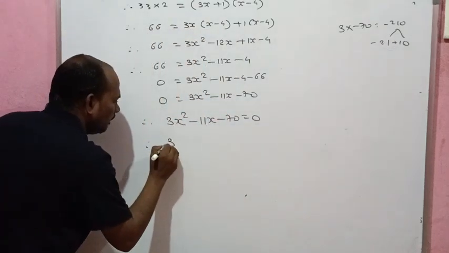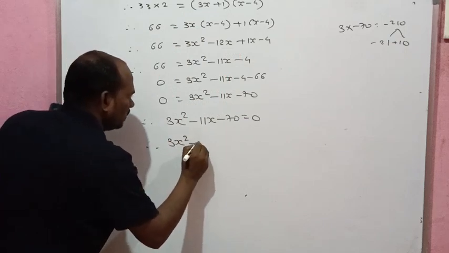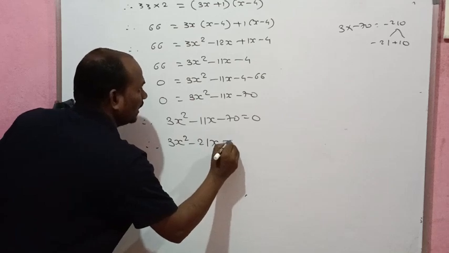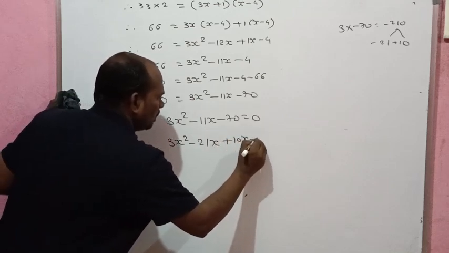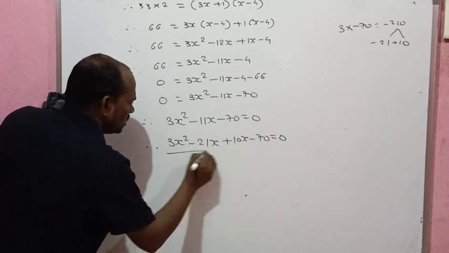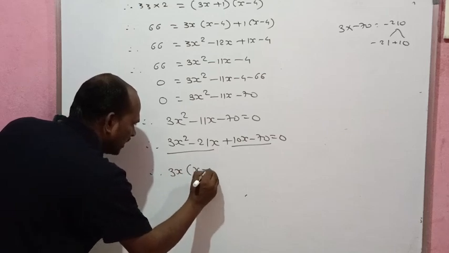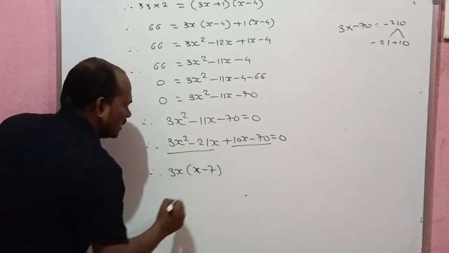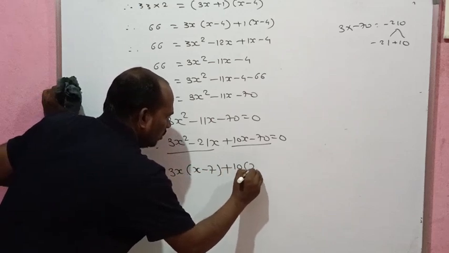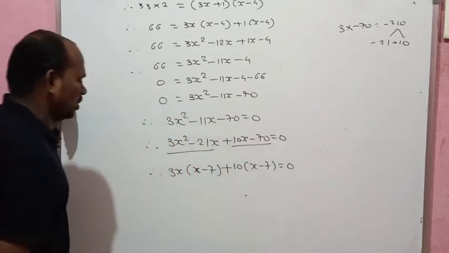Now 3x square minus 21x plus 10x minus 70 equal to 0. We can take common the value of 3x. 3 sevens are 21. Common the value 10, that is 7 equal to 0.